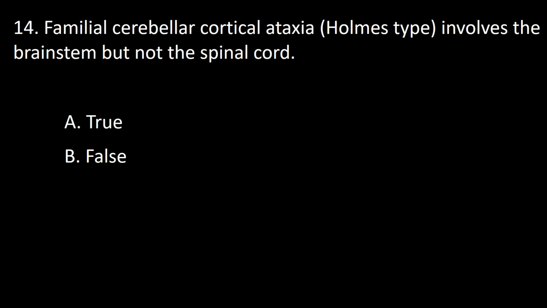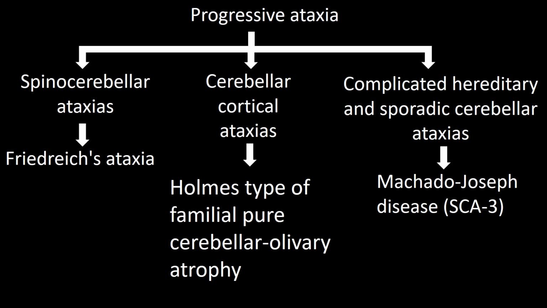Next question. Familial cerebellar cortical ataxia, Holmes type, involves the brainstem but not the spinal cord. A true, B false. Now, back to the chart. I'd like to call your attention to cerebellar cortical ataxias, and specifically to Holmes type of familial pure cerebellar olivary ataxia.